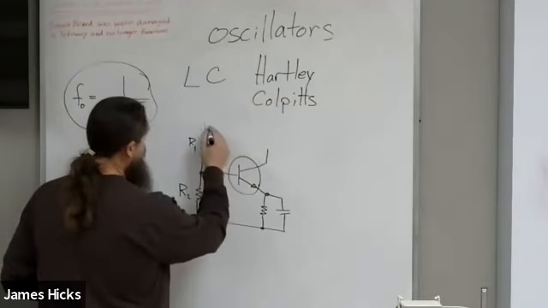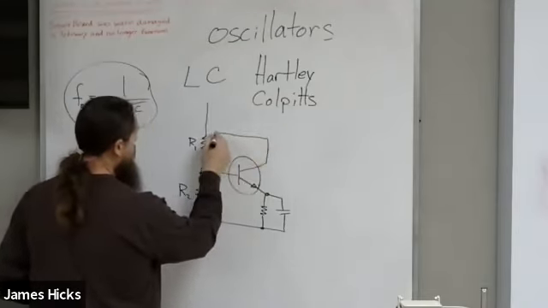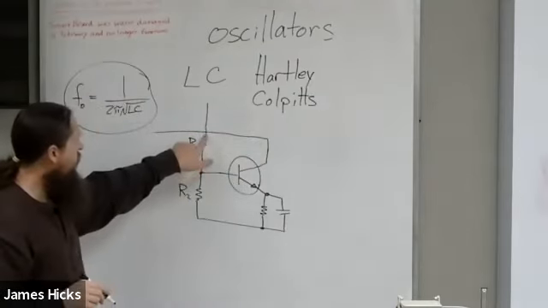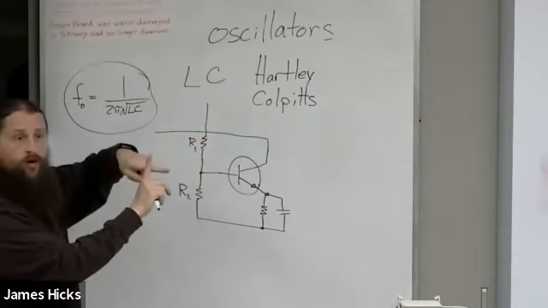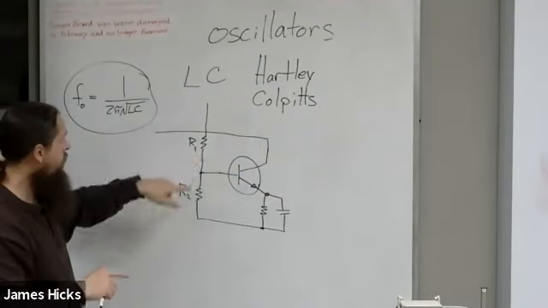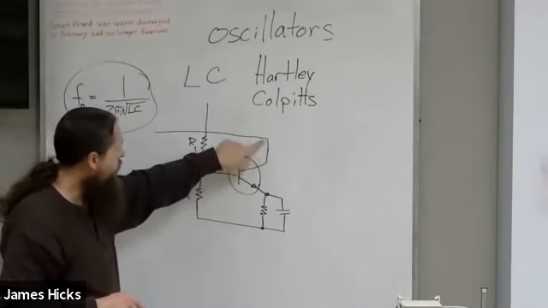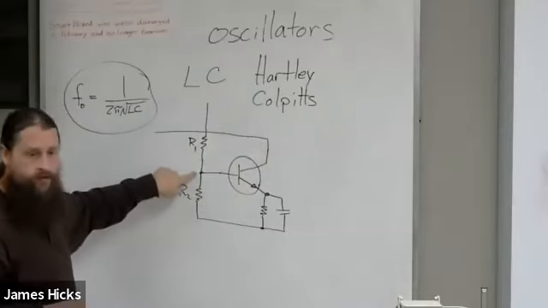That's not a junction, but two wires just crossing. So no node there. So I'm going to feed back the collector output to the input of the base.